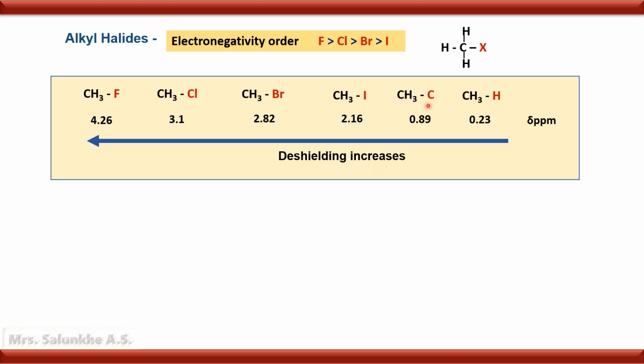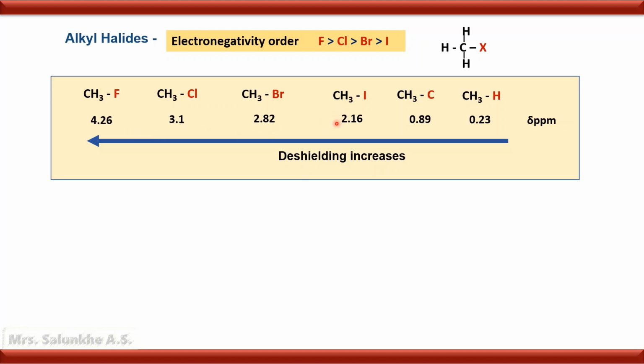When a methyl group is attached to carbon, its chemical shift value is near about 0.9 delta, that is 0.89 delta. And these are the alkyl halides. And in case of alkyl halides, as the electronegativity increases, de-shielding increases and chemical shift value increases.